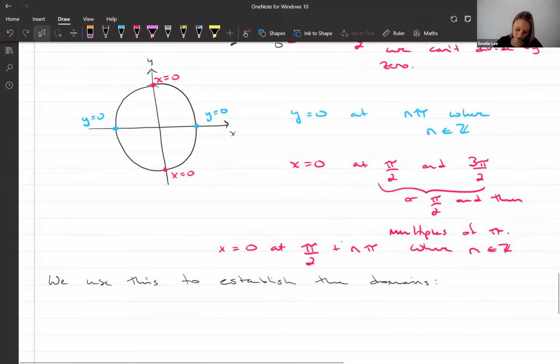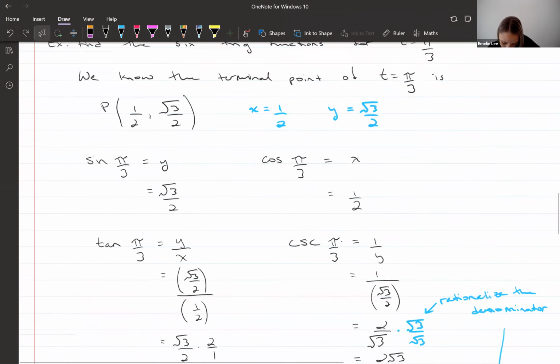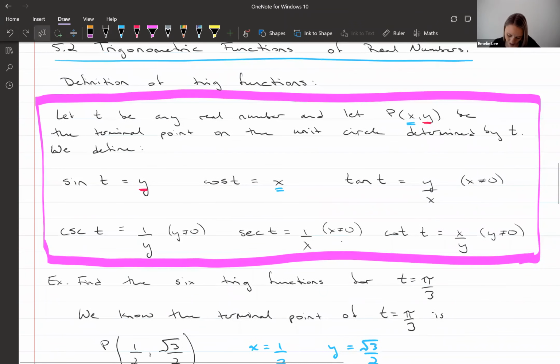So we know from before, if I can scroll up there, right? Sine and cosine have no restrictions on the domains, right? And then we said that tan and secant are going to get lumped together because they have restrictions on x, and then cosecant and cotangent have restrictions on y.